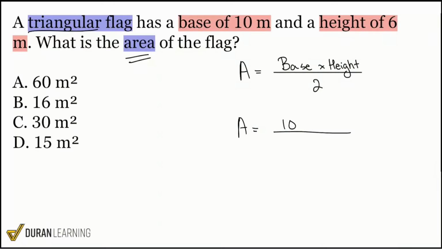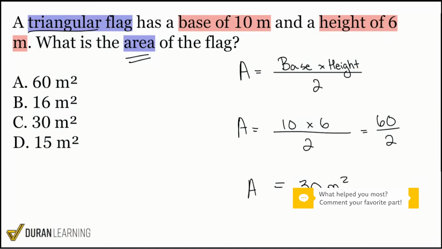We have 10 multiplied by 6, all divided by 2, which ends up becoming 60 divided by 2. Everyone, 60 divided by 2 ends up being 30. And there we are. 30 square meters is going to be our answer for the area, and that is answer choice C. 30 square meters. And we're all done.